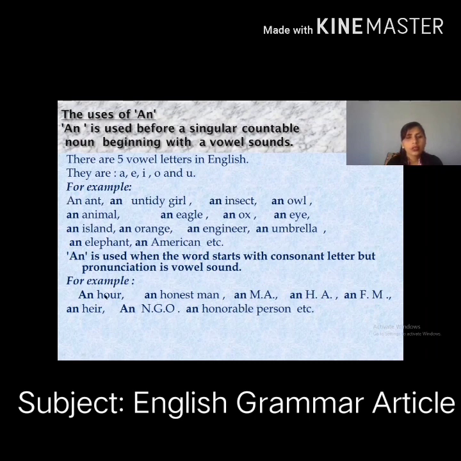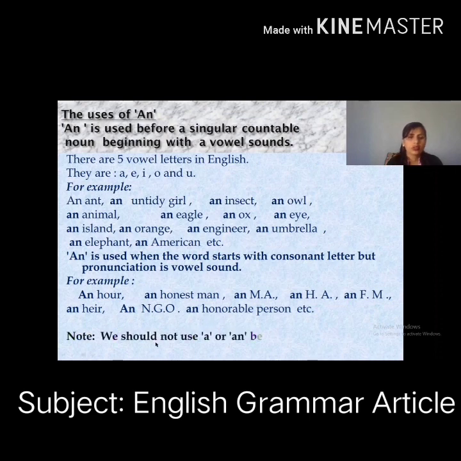Look at here. These words all start with a consonant letter, but their beginning sound is a vowel. So we have to write article an before them and say an hour, an honest man, an MA, an HA, an FM, an AR, an NGO, an honorable person.